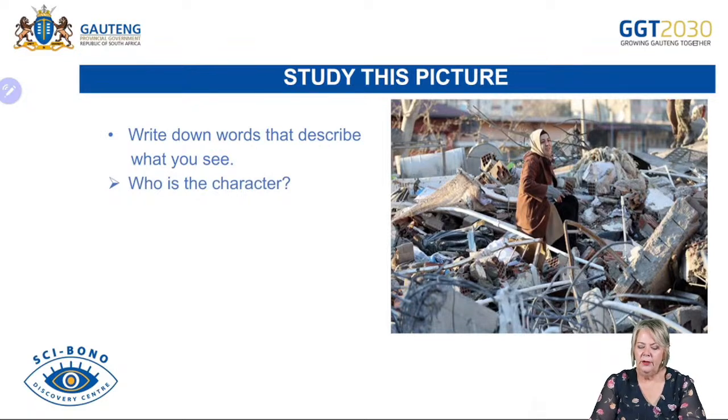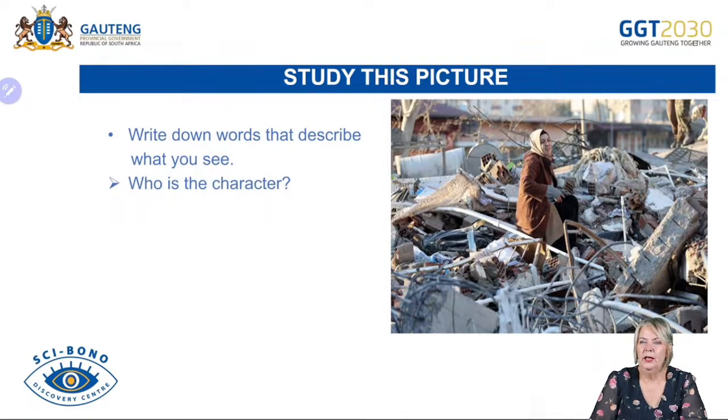And then I want you to focus on the character. Who is this character? You can give her a name. You can give her a family. You can tell me what she did as a job. What kind of work did she do? Was she a stay-at-home mom?